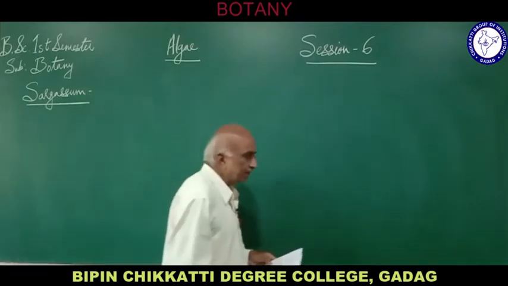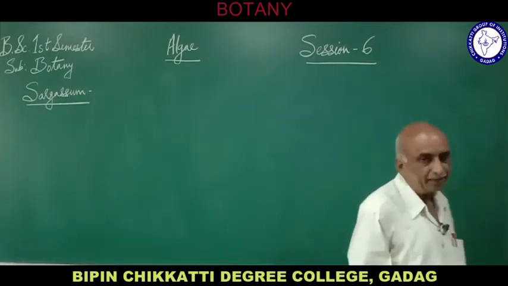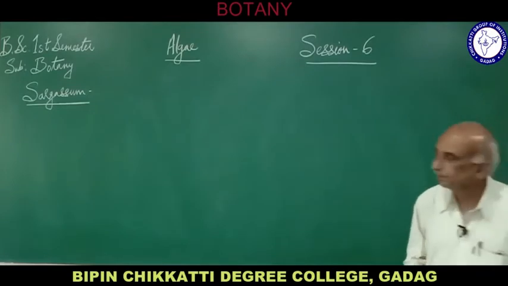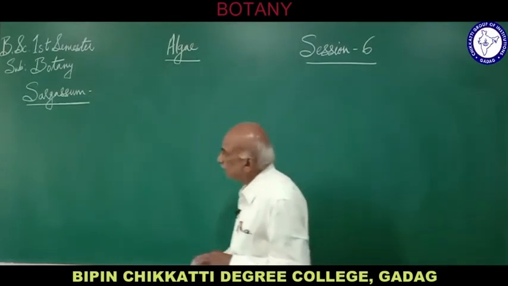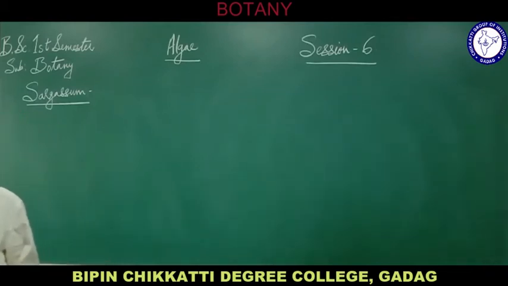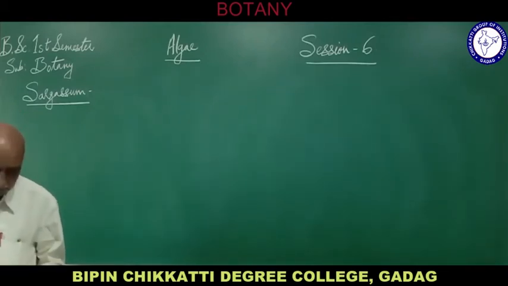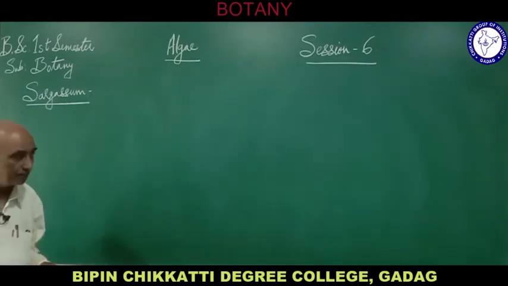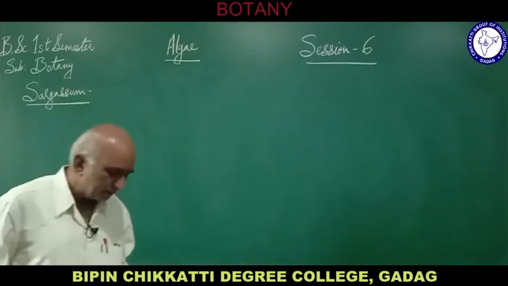Then coming to the organization of the thallus. The thallus is a sporophyte. That means it produces spores, and also it produces the gametes in some parts of it.